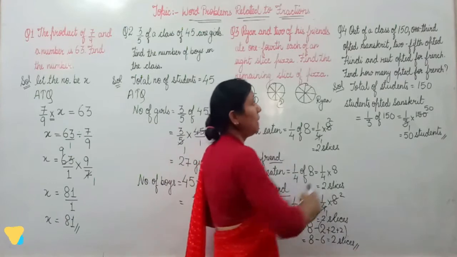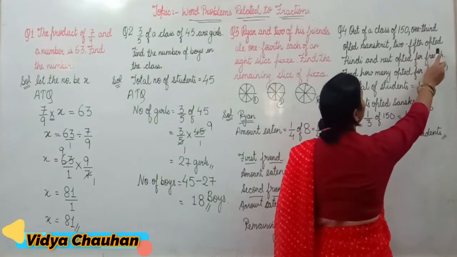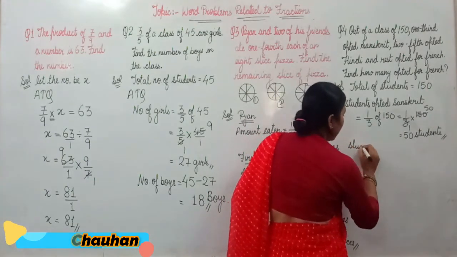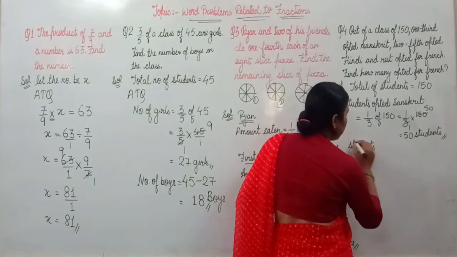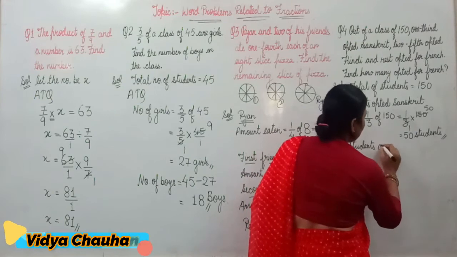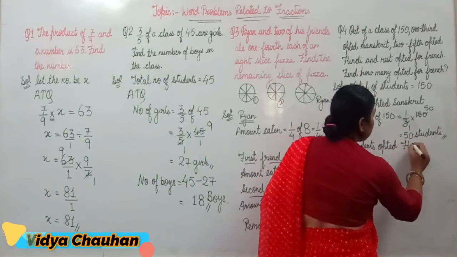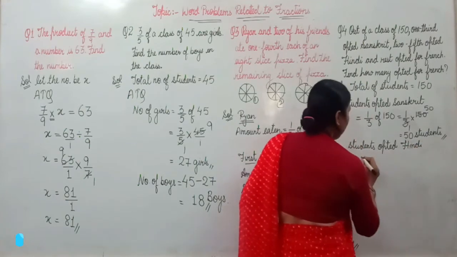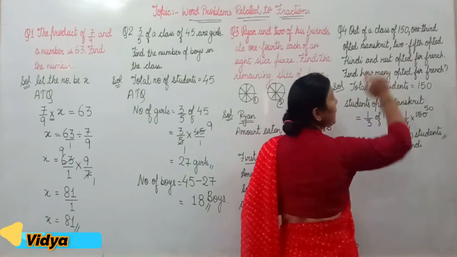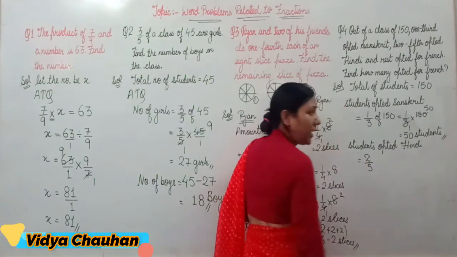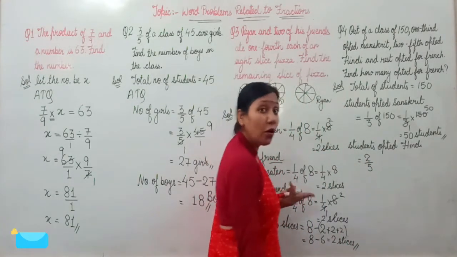Coming to the second statement, 2/5 opted Hindi. So now we will find the number of students who have taken Hindi as their subject. So the students who opted for Hindi will be 2/5 of what?